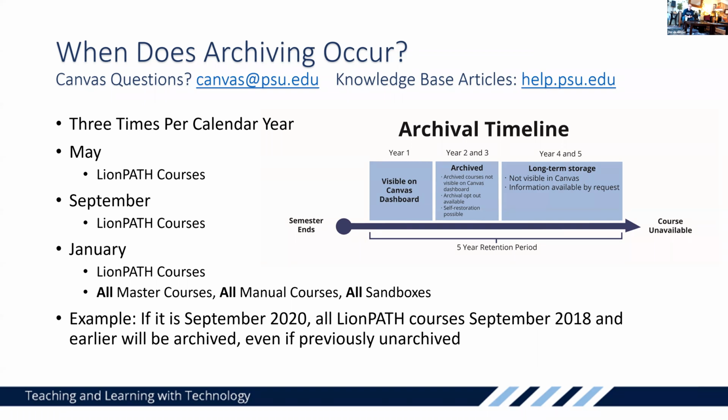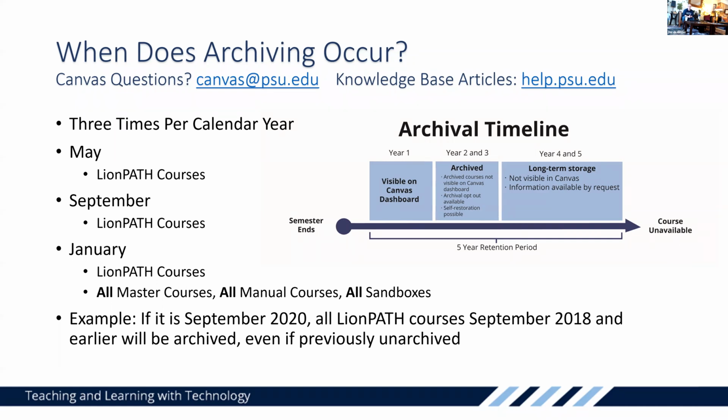I do receive a lot of questions as, can I opt out a course permanently? Unfortunately, no, you cannot. It must be opted out every single year. The good thing through all this is every time something is archived, you always have the option to restore it yourself with our archival tool. And I'll go over that in a little bit here.